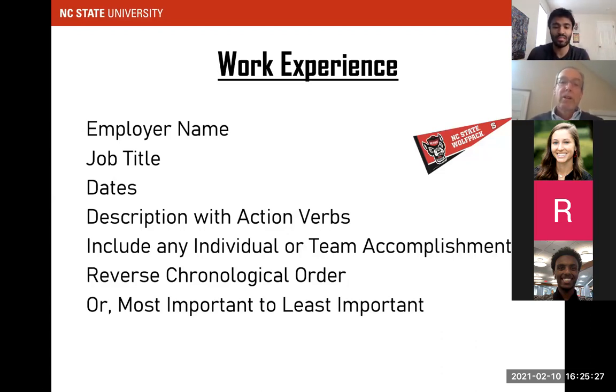It's like, hey, this isn't a clinical experience, this isn't a job, but this is something I did, and it is relevant to this thing that I want to do. Yeah, so activities, volunteer, other kinds of volunteer not clinically related, all those things can be listed.